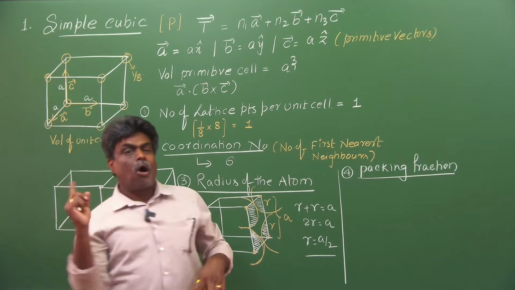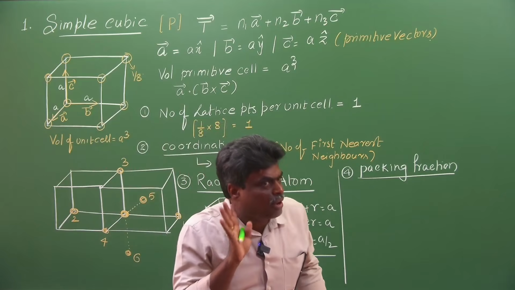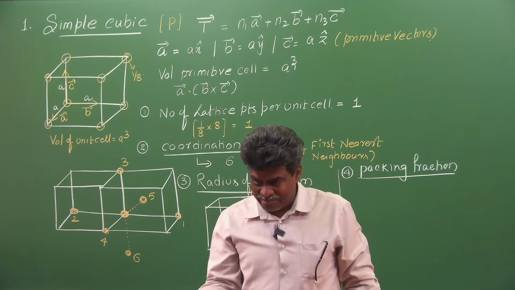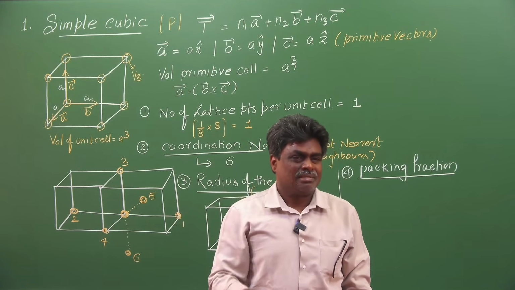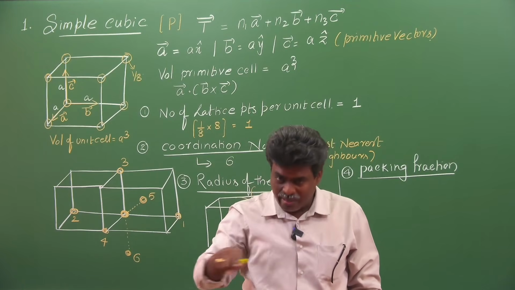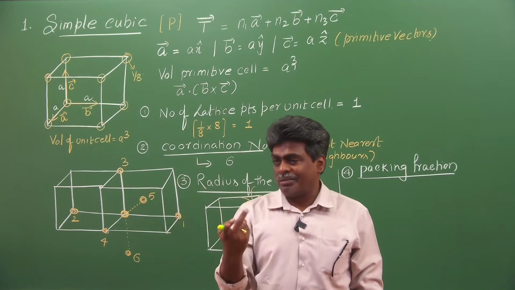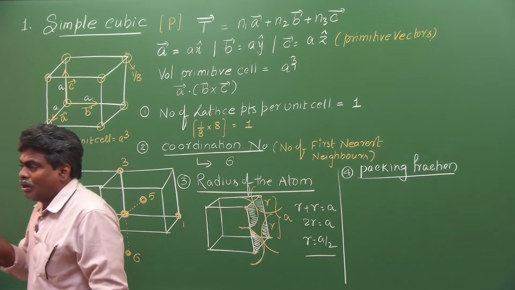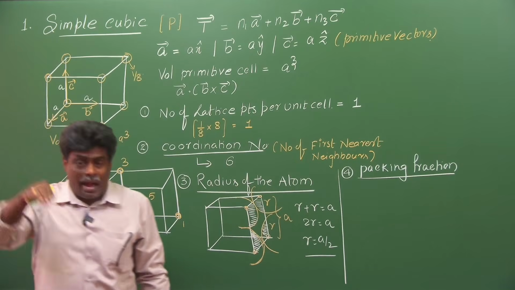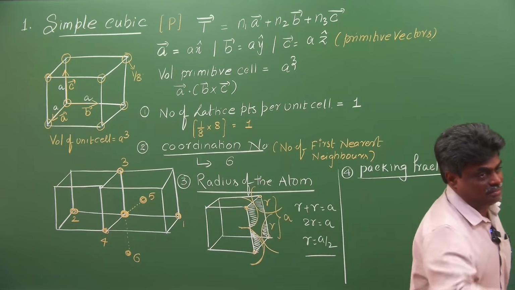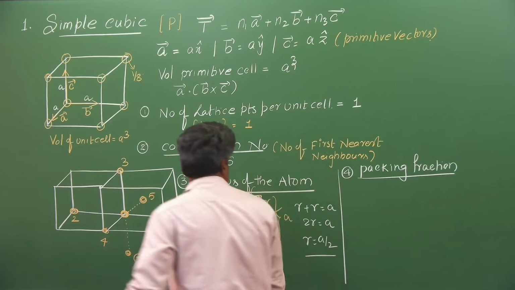For example, all students individually same volume. Then N into V. Are you understanding? That is the volume occupied by students by total volume. It's a fraction. So that means, what is a packing fraction? The volume occupied by the atoms in the unit cell by volume of the unit cell. Say yes or no?